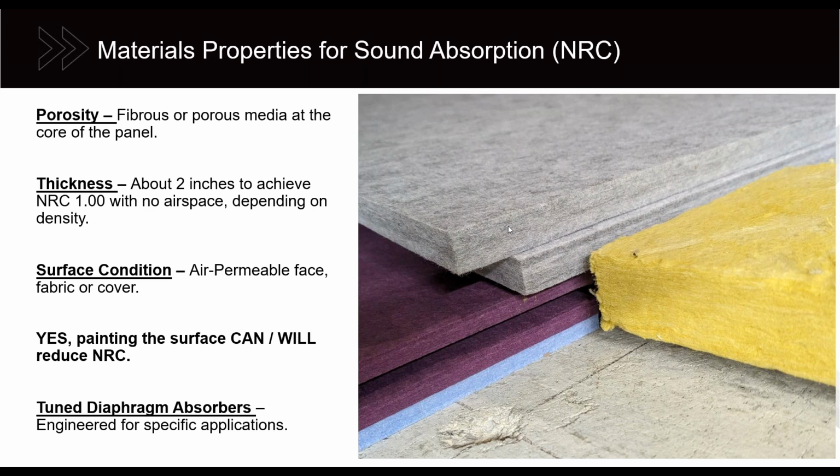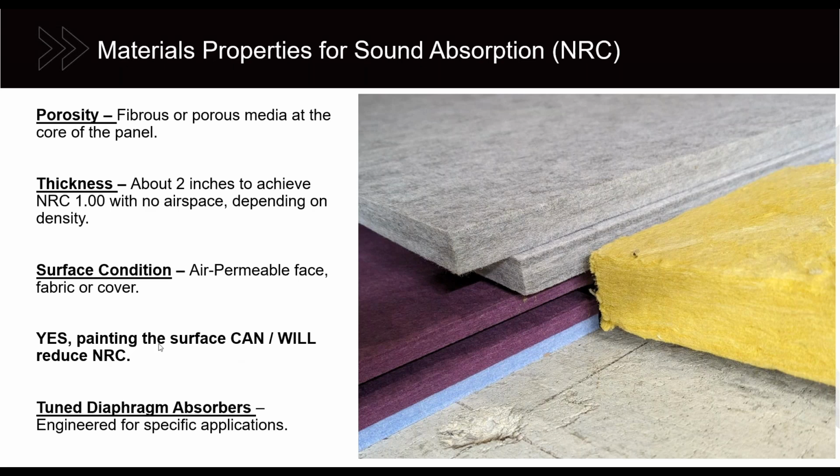You are allowed to test with an airspace if the material is typically installed with an airspace, for example, acoustical ceiling tiles. There are a number of different mounting methods which define different types of airspaces, and they have a very significant impact on the performance of the material, and therefore the results are really specific to that mounting.